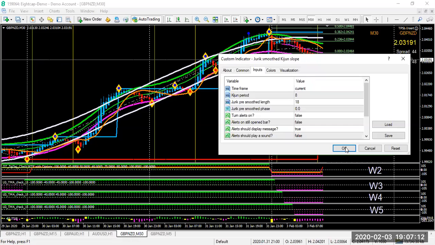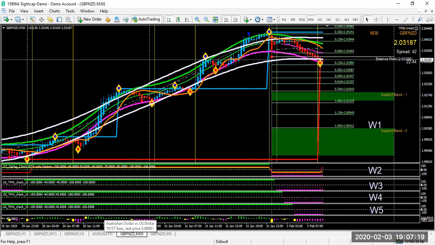You can change it, but it should be fine. That setting has been there since before Christmas. So yes, the orange line is there.